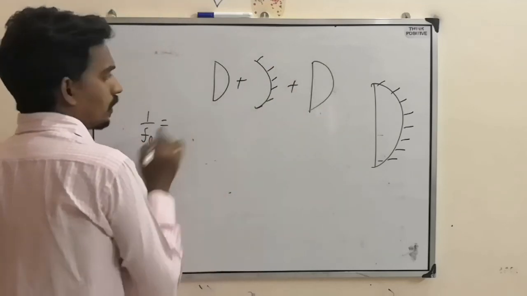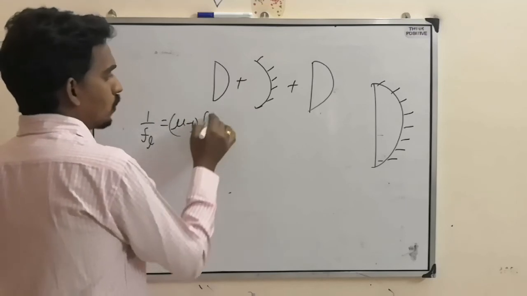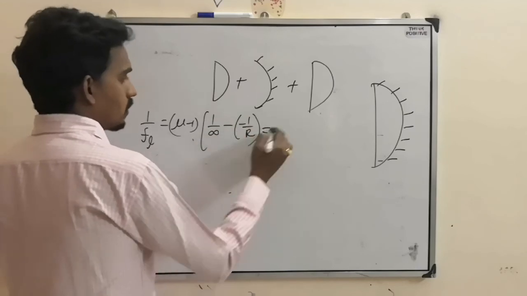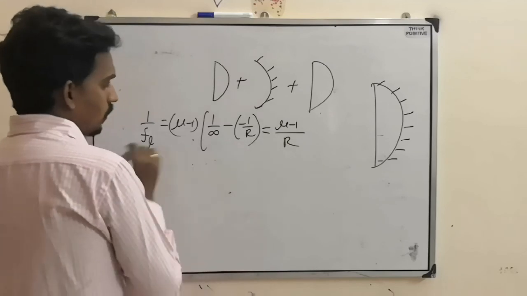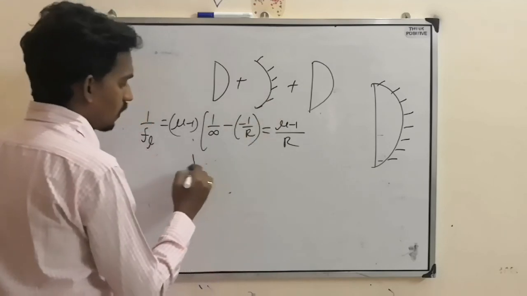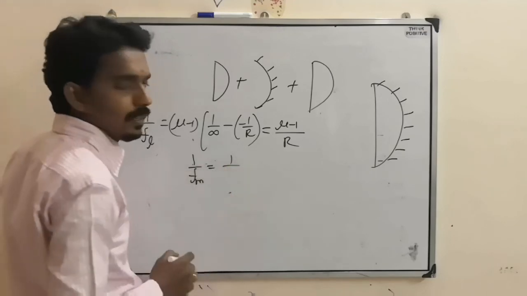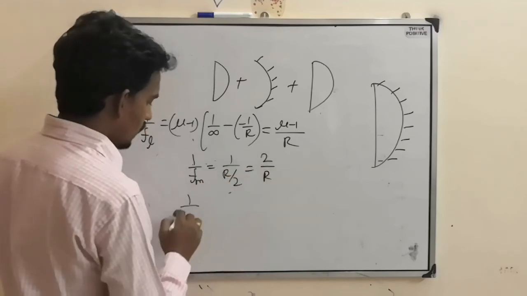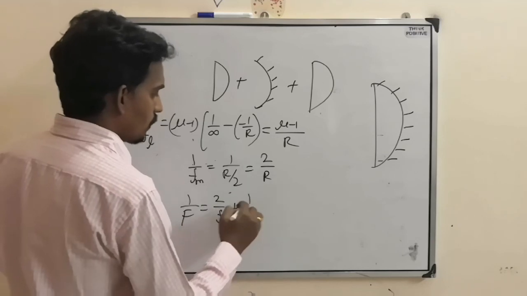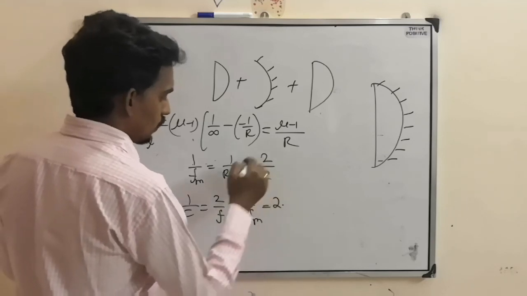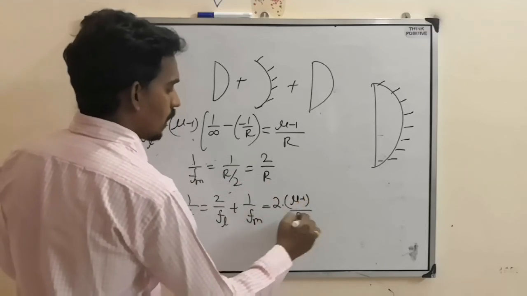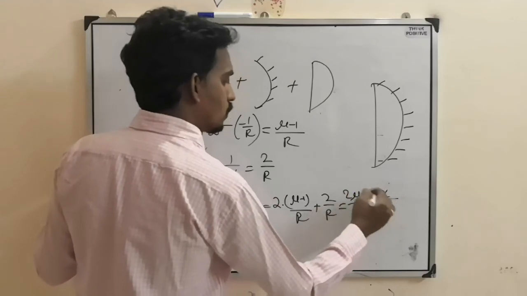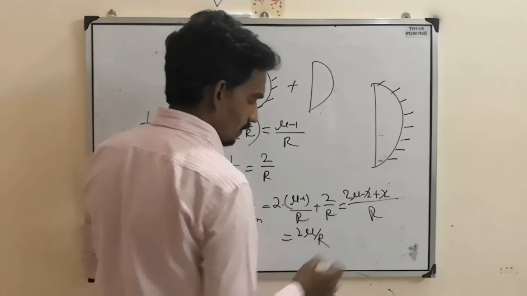The focal length of the lens: 1 by fl equals (mu minus 1) into (1 by infinity minus 1 by R), so equal to plus (mu minus 1) by R. Now for the mirror, 1 by fm: for a concave mirror the focal length is half of the radius, so 2 by R. Now the resultant: 1 by f equals 2 by fl plus 1 by fm equals 2 into (mu minus 1) by R plus 2 by R. Taking LCM, 2 mu minus 2 plus 2, the 2s cancel, so 2 mu by R.